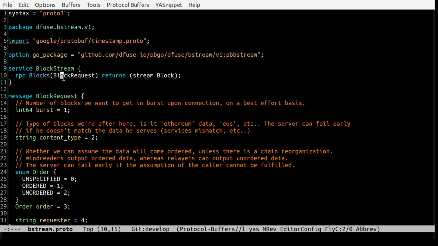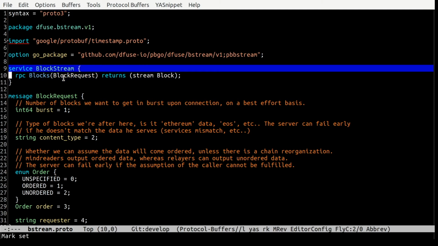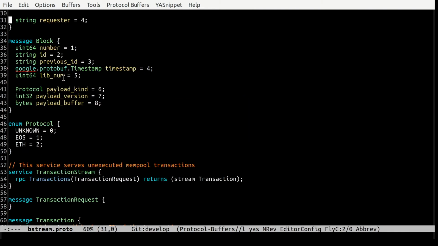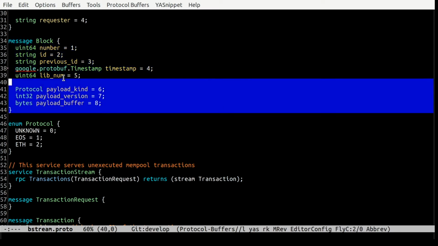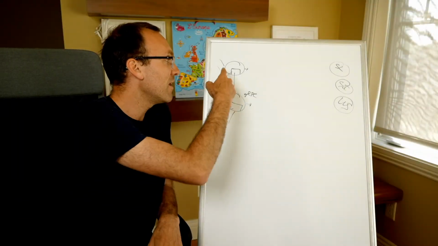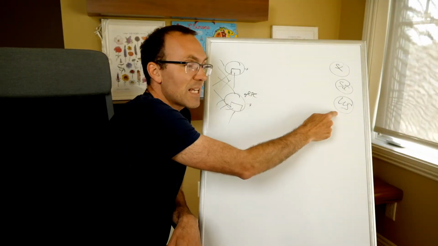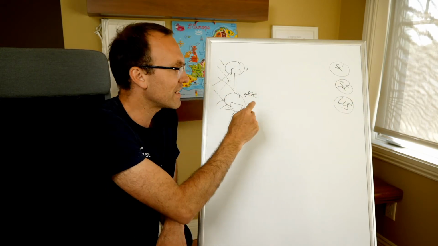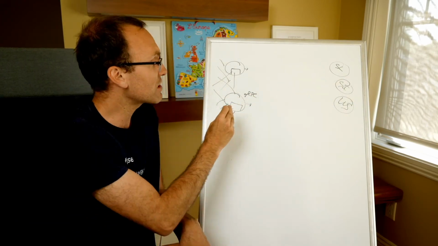And over here we have the block stream service, gRPC service, in which you request blocks, right, with a burst potentially. And what you get is actually a blockchain agnostic block with the bytes that are not decoded at the level of the mind reader. They're going to propagate, and the subsystems will therefore decode them as EOS block and then understand it. But from this perspective, it's just blocks flowing through.